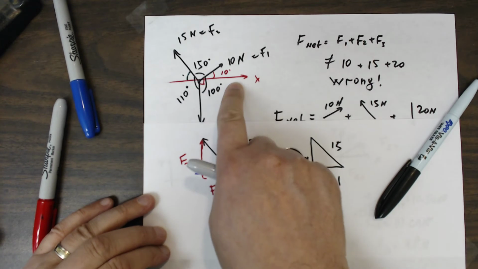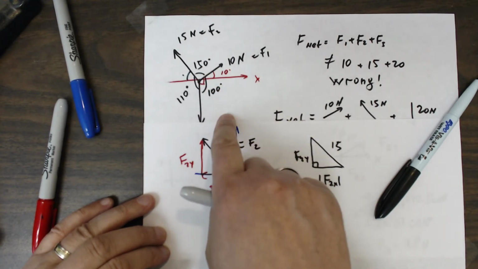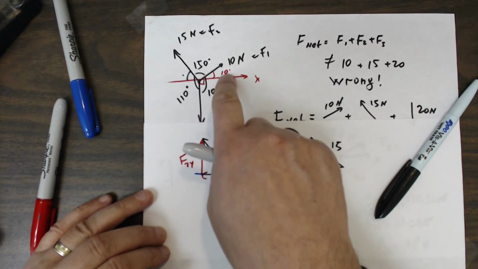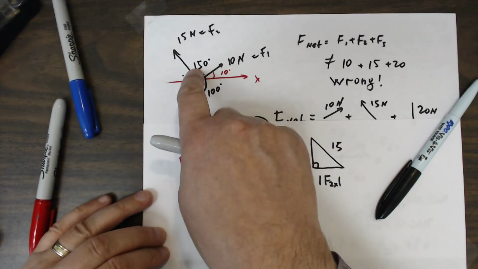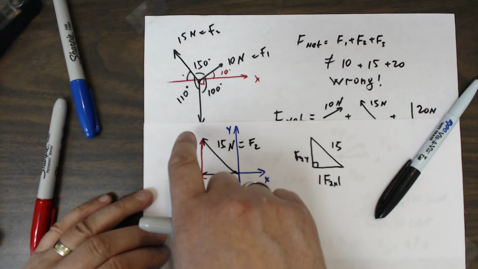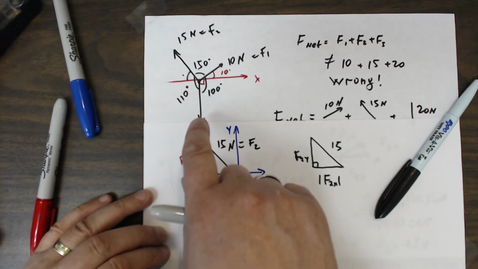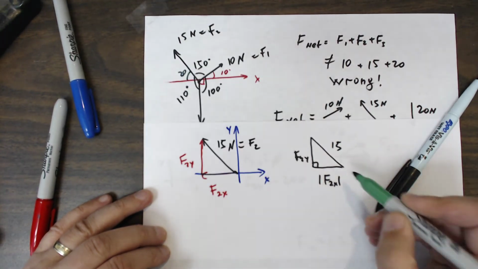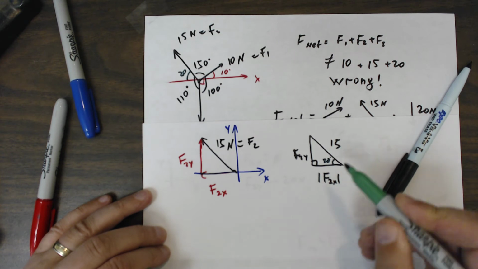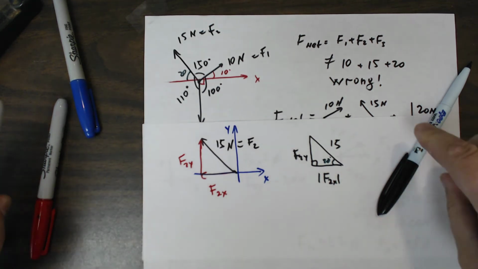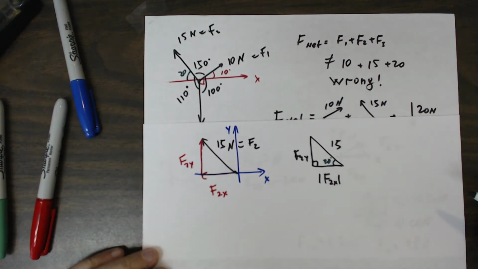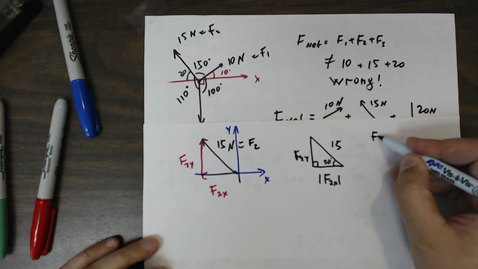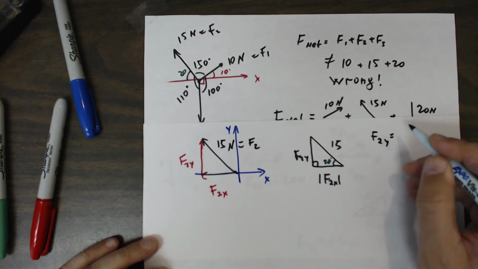This red line represents 180 degrees angle, and we have to subtract 10, and then we have to subtract 150. So 180 minus 160, 20. We gotta use geometry sometimes. So now F2y.